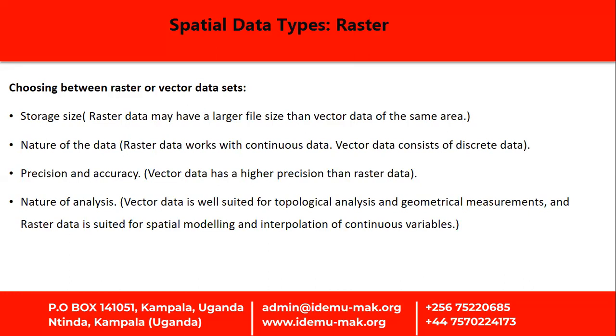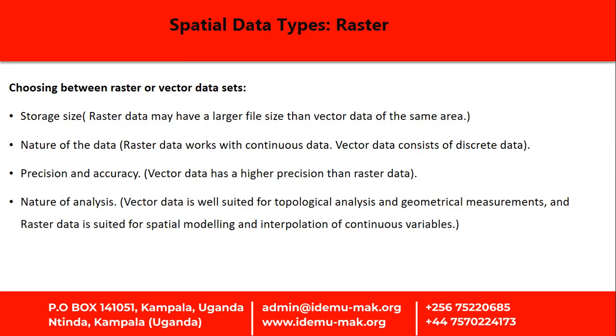We've shown that there is continuous and discrete data, but raster data works more with continuous data. If what you want to study is more discrete or categorical, then you would want to consider using vector data.